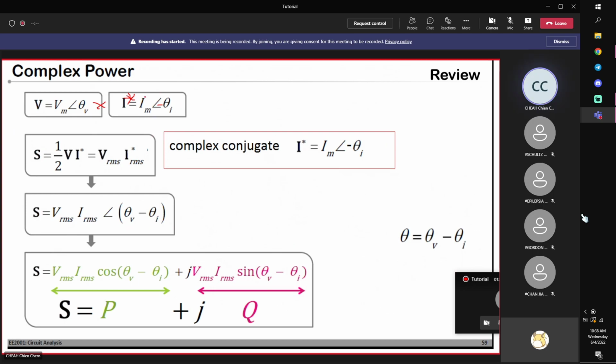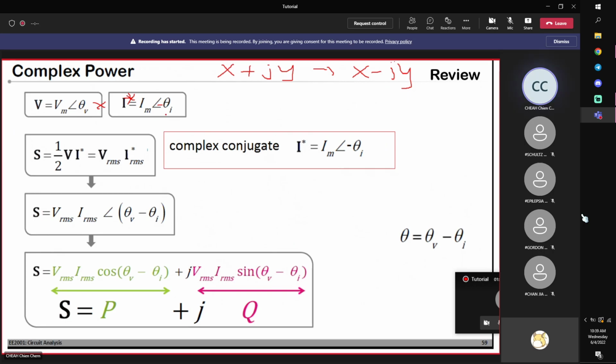Now you also have to understand that calculating the complex conjugate of I in polar form is just to reverse the phase angle. In rectangular form, the complex conjugate of x plus jy is x minus jy, just reverse the sign of y.